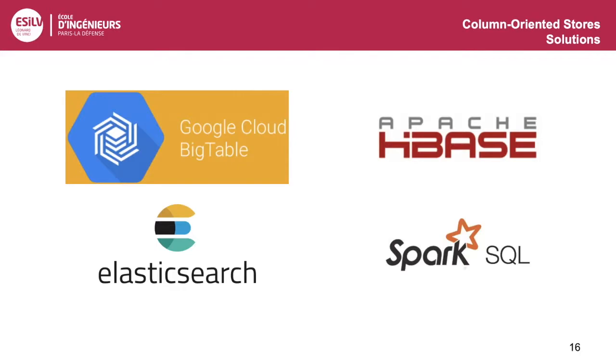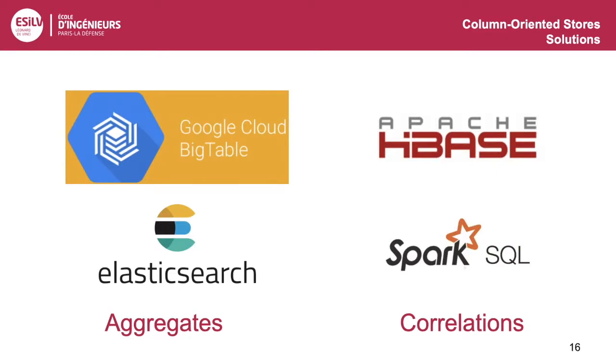For these solutions, you can find, of course, the first one, which was called Bigtable from Google. And other things like HBase, Elasticsearch, or Spark SQL, and other types of NoSQL databases that are column-oriented. So the main use is to deal with aggregation and with correlations between different information separated in different columns.